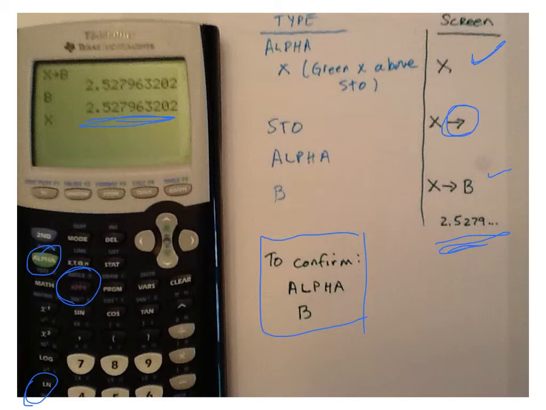Having B stored in a memory slot in your calculator is very helpful for the rest of our work in this problem. You do not have to write the entire value of X, even though this value of X with all its digits is still just an estimate. It's a lot more accurate than the estimate of just 2.5 or 2.53.